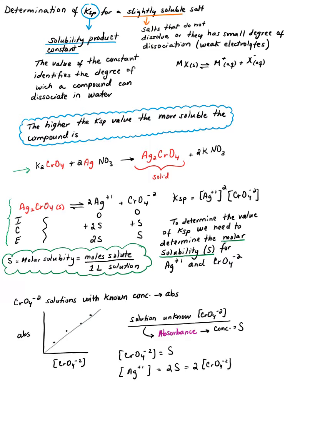So we have 2S, and that's a positive sign because you're actually forming those ions. Remember, since these ions are being formed when your silver chromate is dissolving, we use the positive sign. A 2 in front of your S because your coefficient is equal to 2. For the chromate, it's just S because your coefficient is equal to 1.